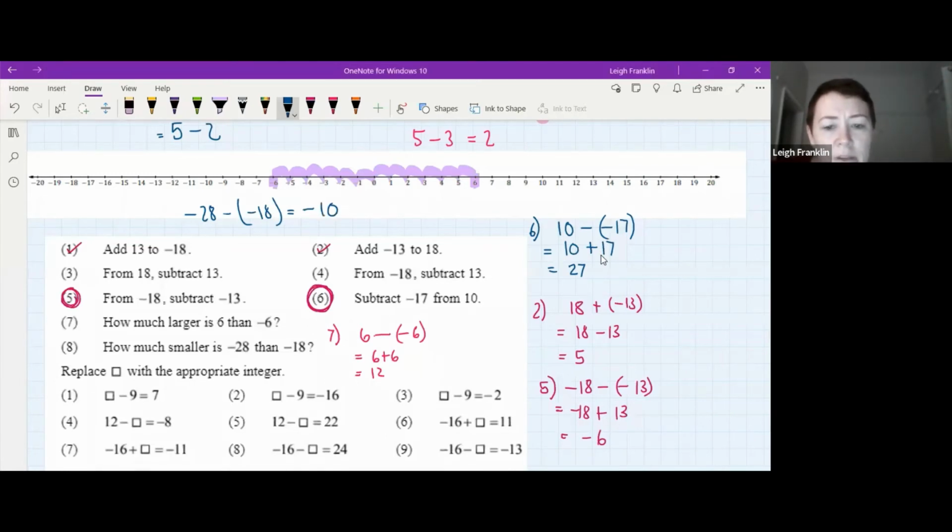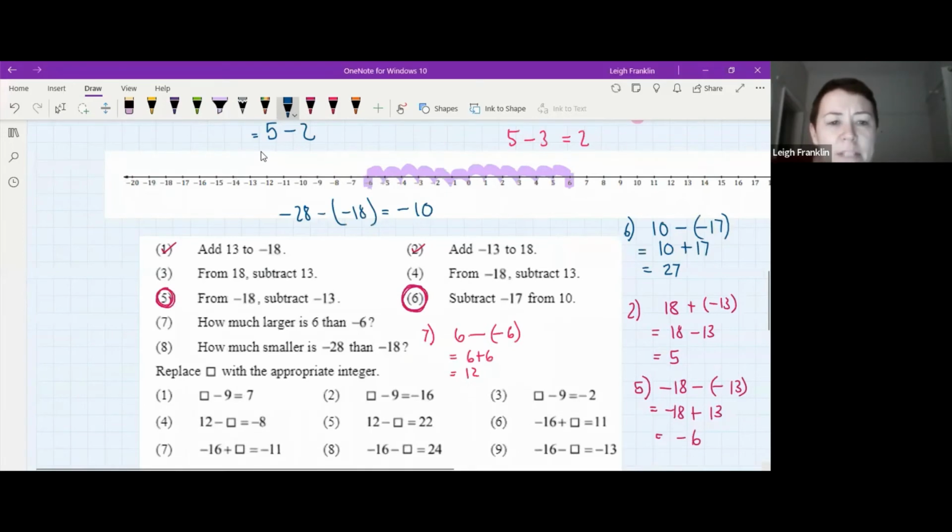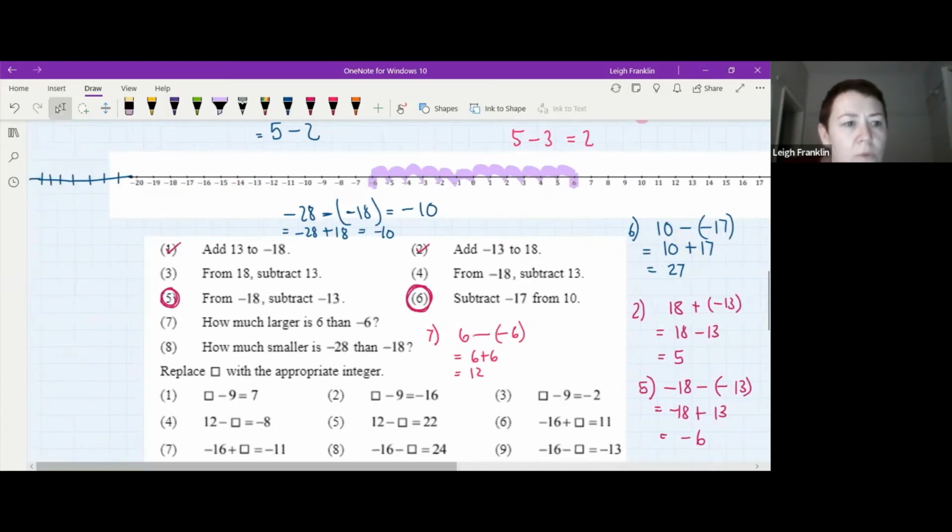It is -10. Okay, so again, our number line unfortunately doesn't go as small as -28. But remember, this means we are starting at -28, and then when we subtract a negative, we are adding. So if we start at -28, that's somewhere down here. So that's -21, -22, -23, -24, -25, -26, -27. I'm running out of space here, guys.